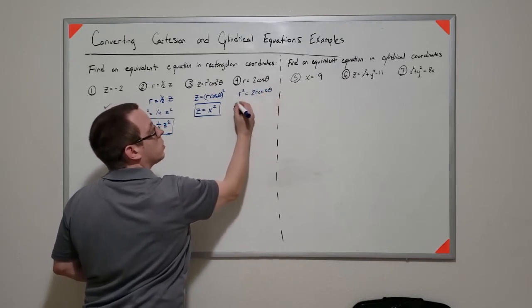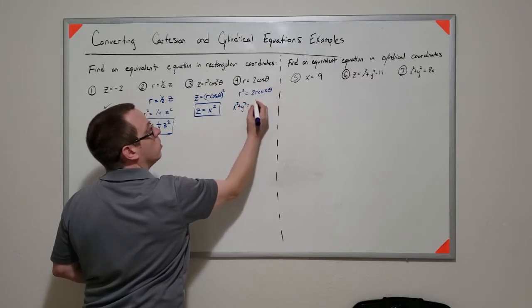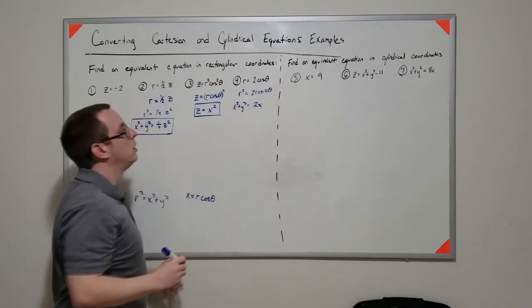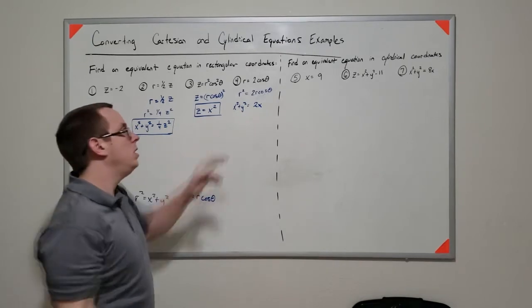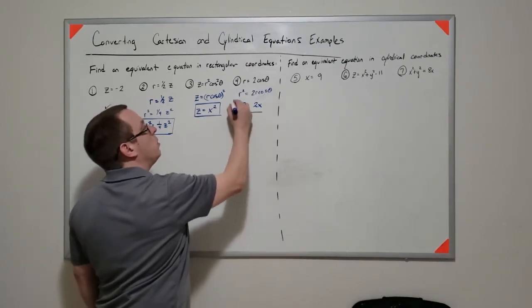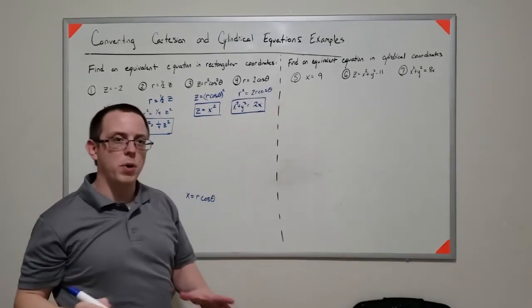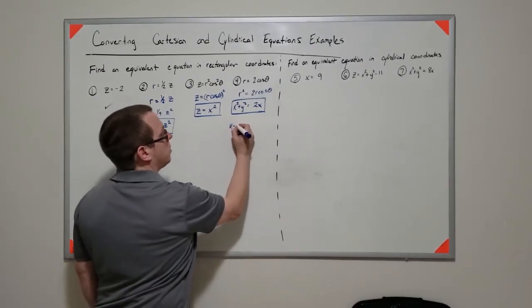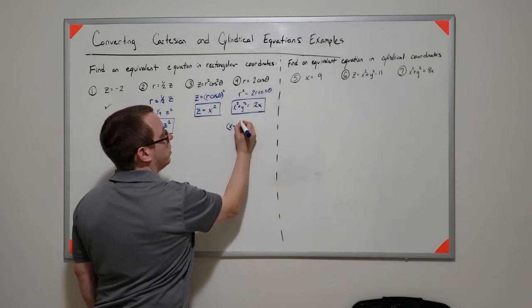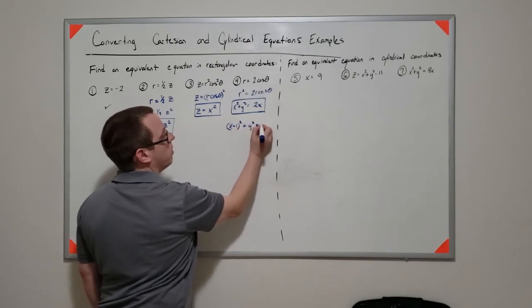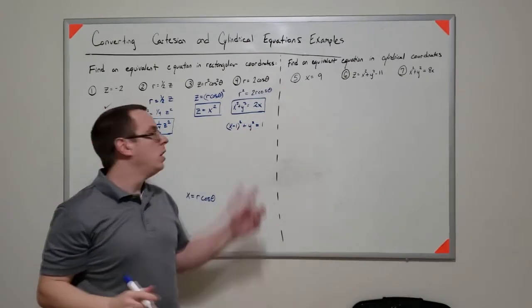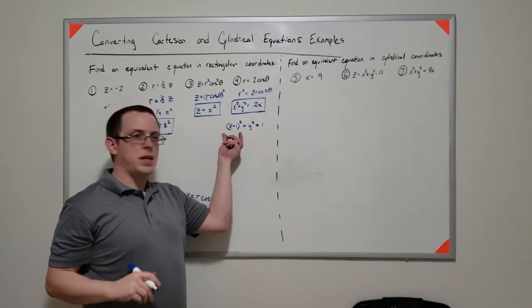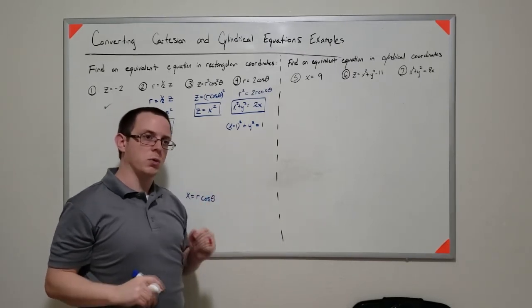Then that's x squared plus y squared equals 2x. That one may be a little more difficult to figure out, but if you think about it a little bit, that's (x minus 1) squared plus y squared equals 1. I'll leave you to do the algebra there, but notice that that's just a shifted circle of radius 1.